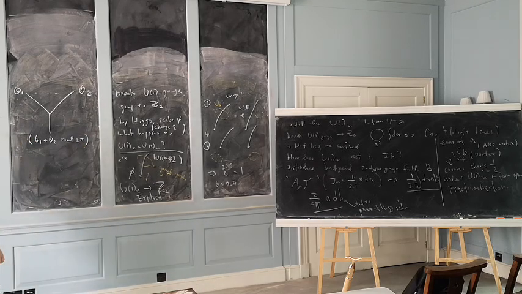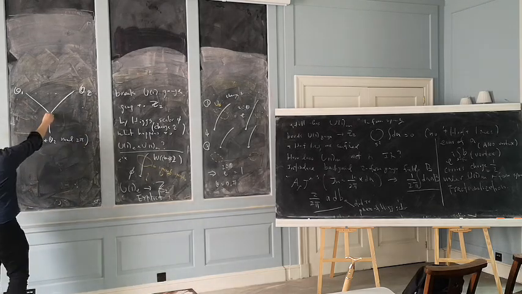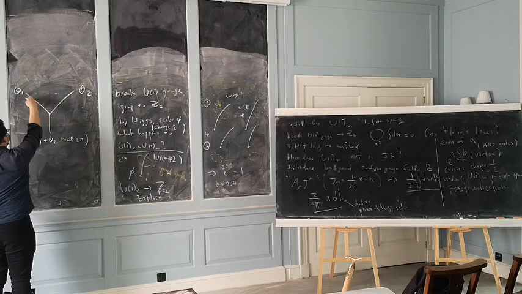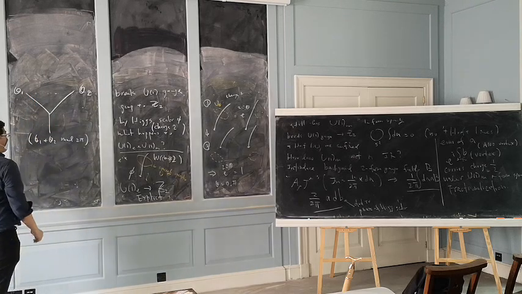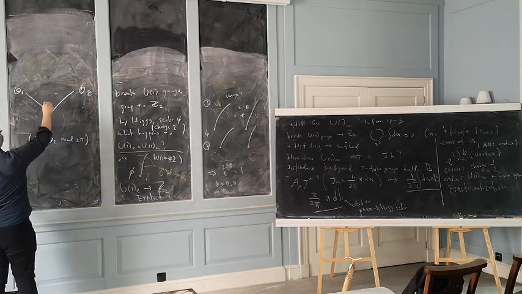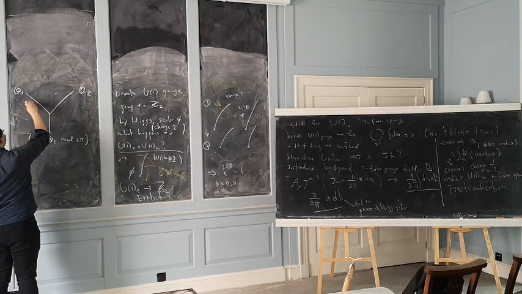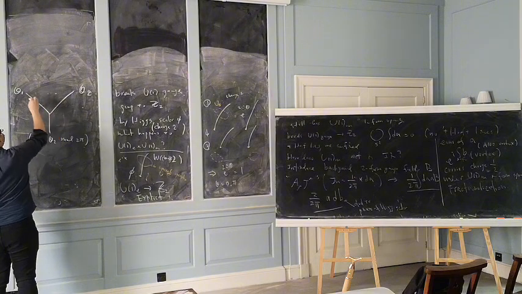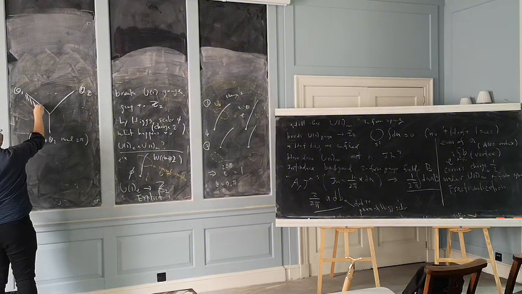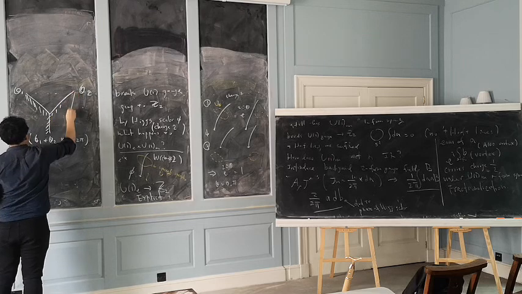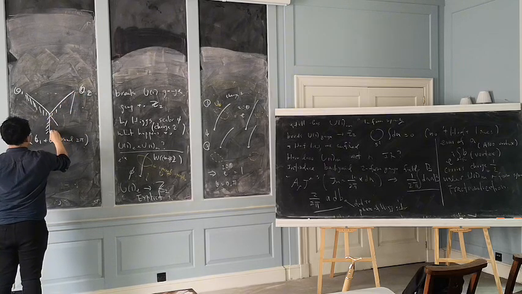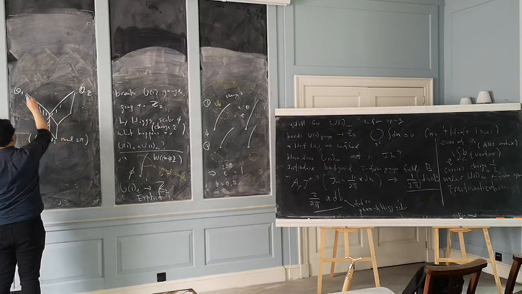Okay, and now here each symmetry generator for one-form symmetry has codimension 2. So in four dimensions they are surfaces. So you can think of each line as a surface. Let me just try to draw a 3D picture.